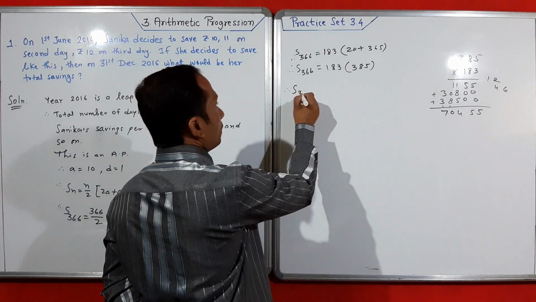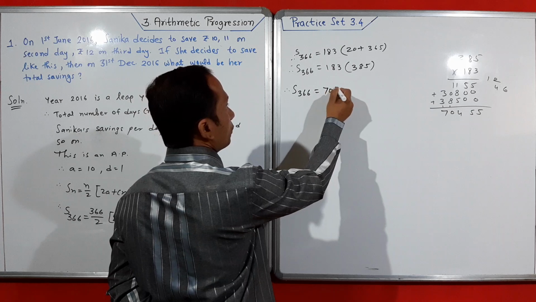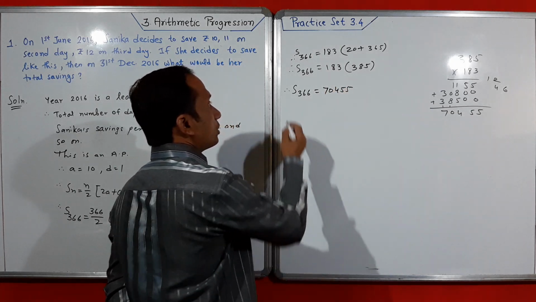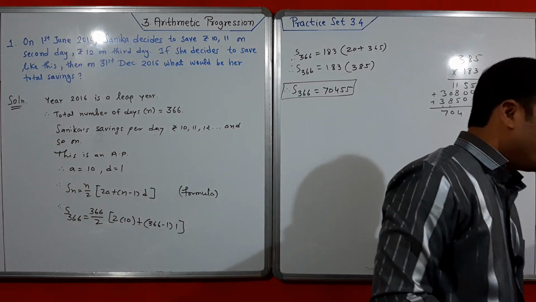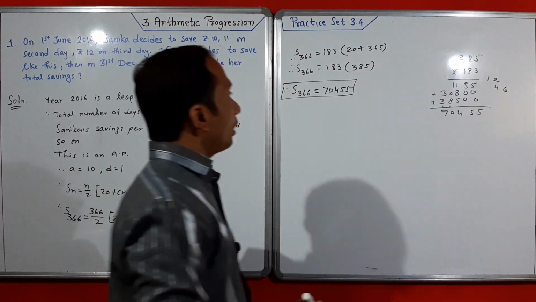I will check, it's 366 days and the total is 70455 for the year 2016, a leap year. Therefore I will write it in words.